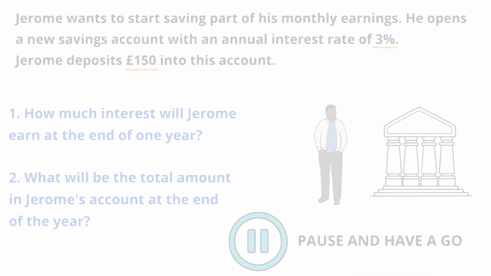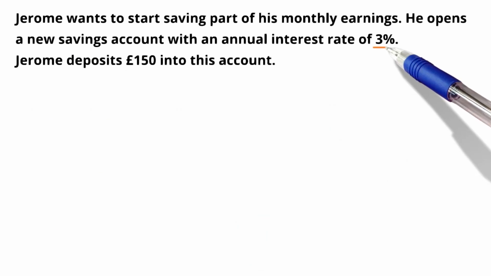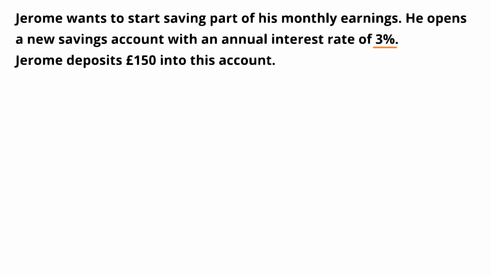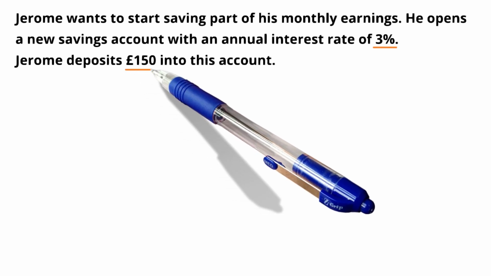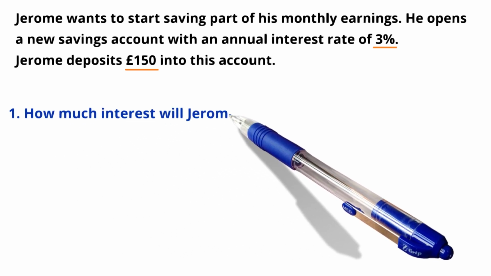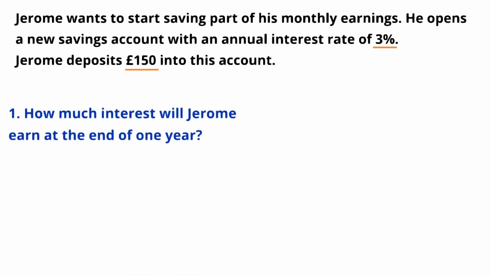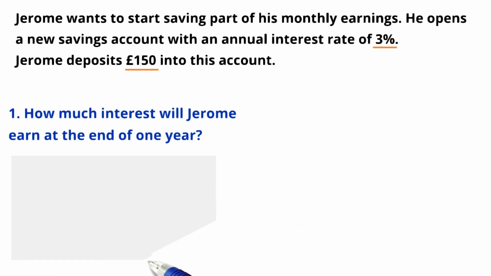Now, let's see how we'd answer these questions. First, we need to find out how much interest Jerome earns in a year from his initial deposit of £150 in a bank with a 3% interest rate. To calculate the interest Jerome earns in 1 year, we convert the interest rate from a percentage to a decimal.